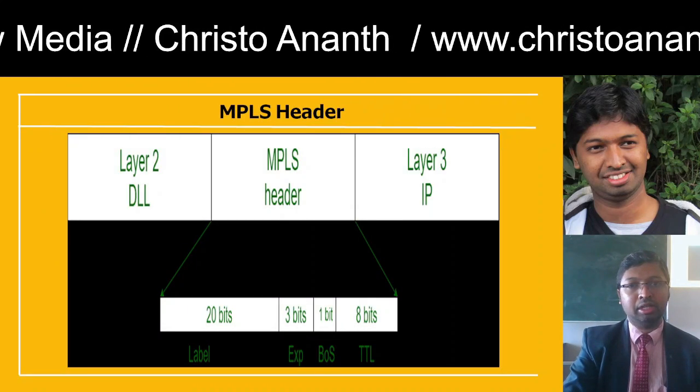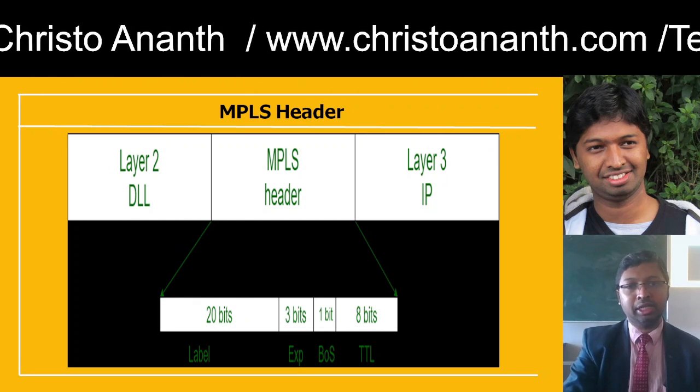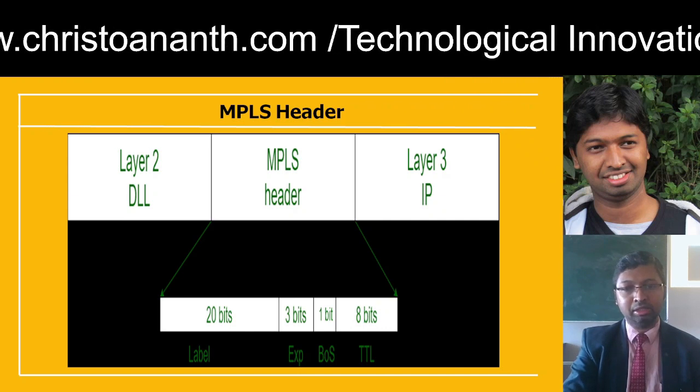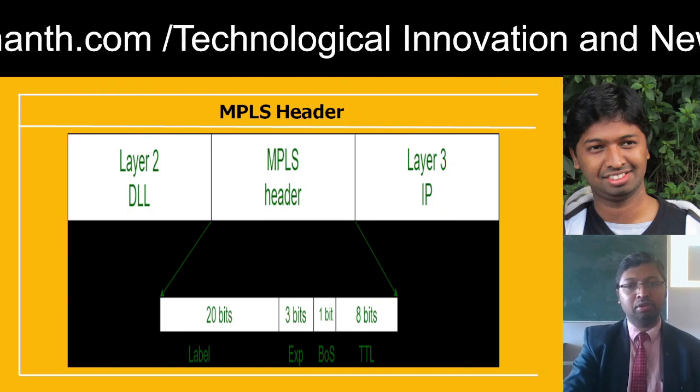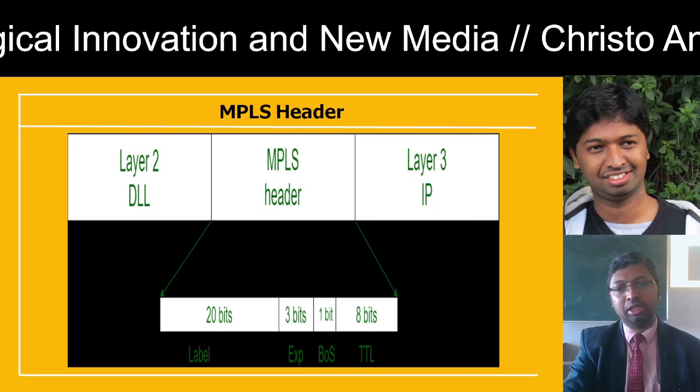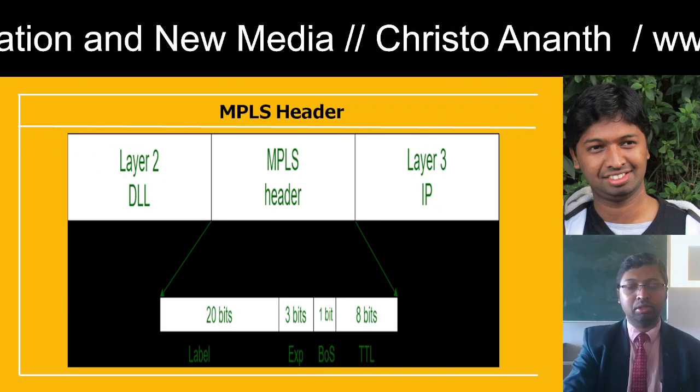So this is layer 2, the data link layer, layer 3 is internet protocol, and then the MPLS header. Okay, so you will have 20 bits for label, 3 bits for EXP, 1 bit for BOS, and 8 bits for time to live.